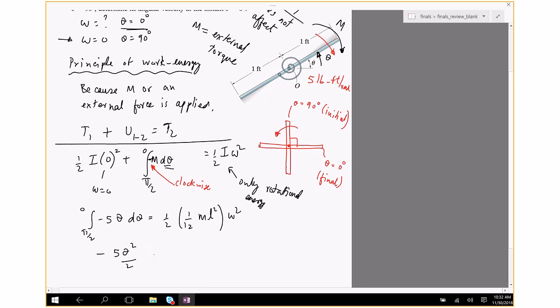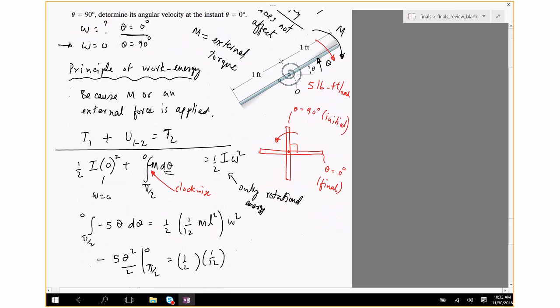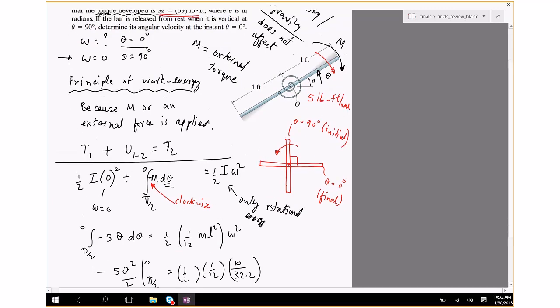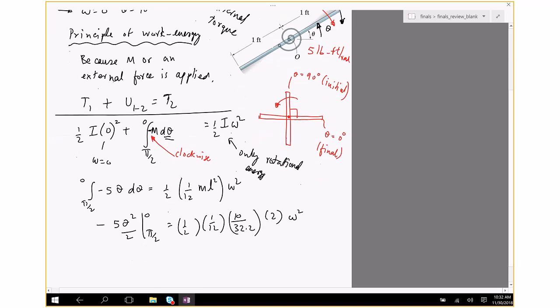Upper limit is 0, lower limit is pi by 2. The mass is 10 divided by 32.2 because that's in lbs. The length is 2. Omega squared is unknown. And so if you solve this, you get 10.9.